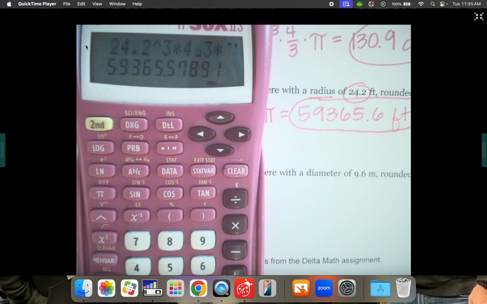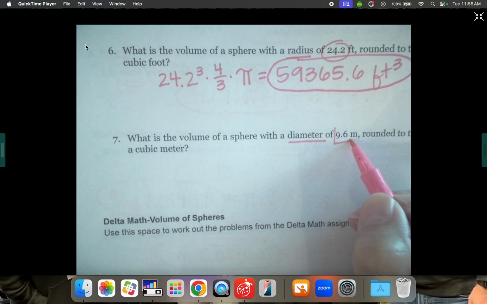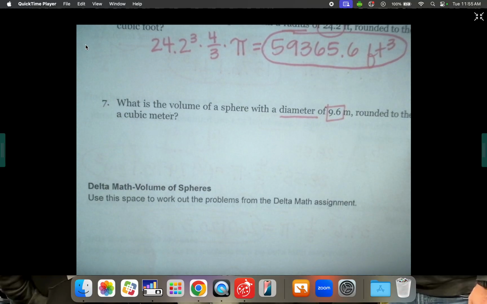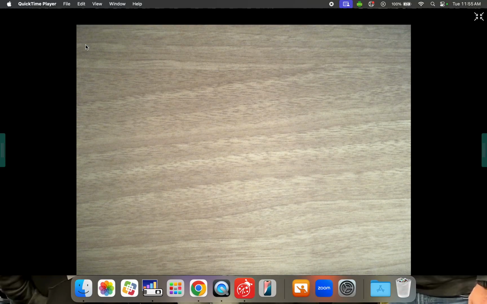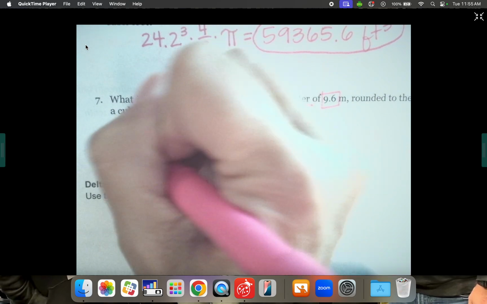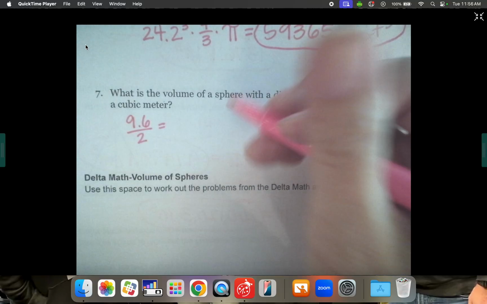The third problem is, back to diameter, which is a bummer. So 9.6, I feel like, did we do a 9.6 over here? No, we didn't. I thought we did. Okay, 9.6, but it's a diameter, so we're going to have to divide it by 2. So 9.6 divided by 2 is 4.8.